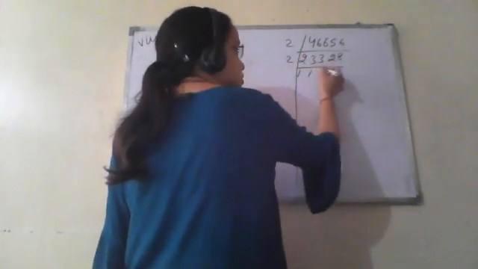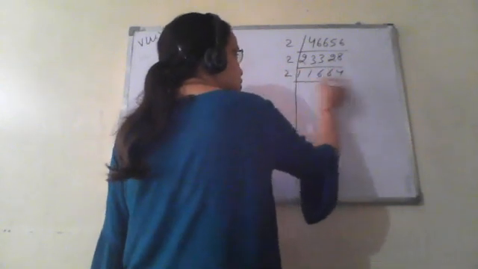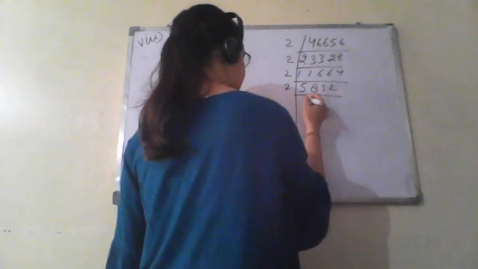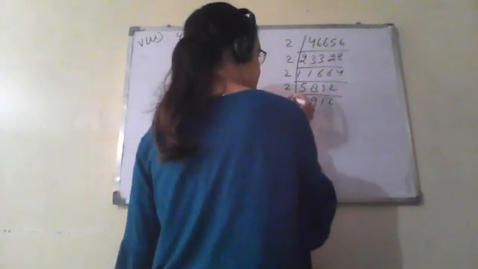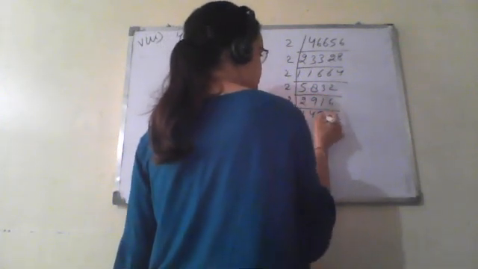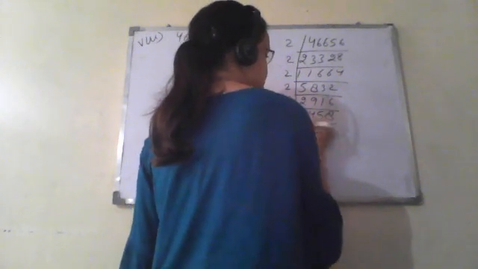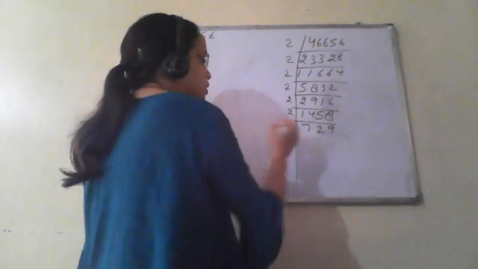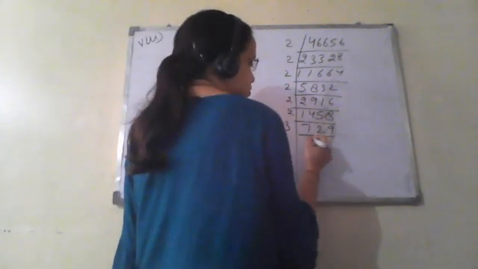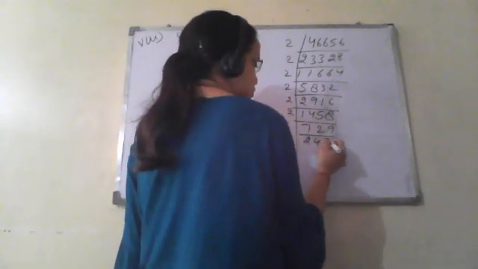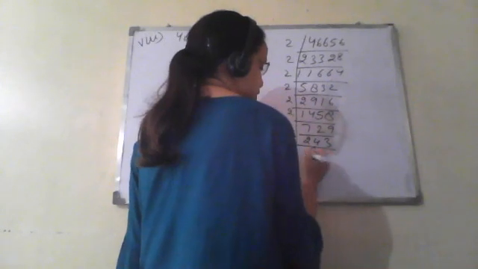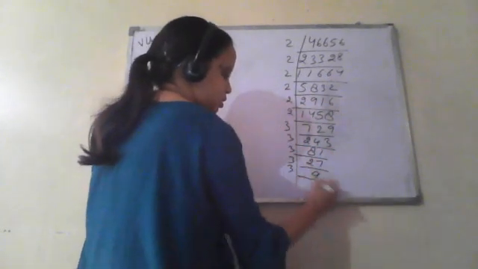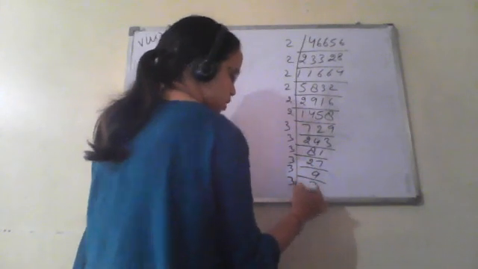This is 1, 1, 6, 6, 4. This is 5, 8, 3, 2, 2, 9, 1, 6, 1, 4, 5, 8, 7, 2, 9. And this 729 is 243. This is 81, 27, 9, 3, and this is 1.